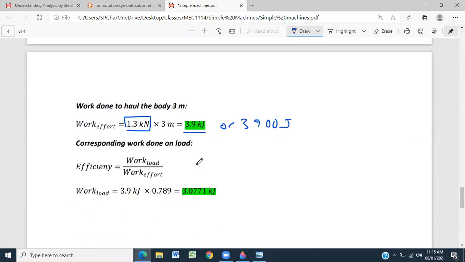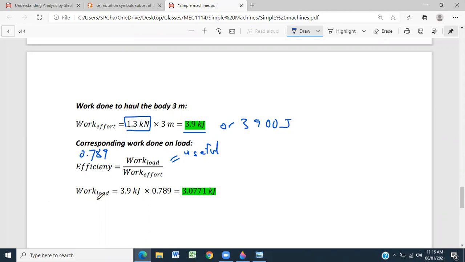Now, using efficiency, we can calculate the useful work done on the load. Efficiency is 79%, or 0.789 to be more precise, and it is equal to the useful work done on the load, which is what we want to find, divided by the work done by the effort, the work we put into the system.